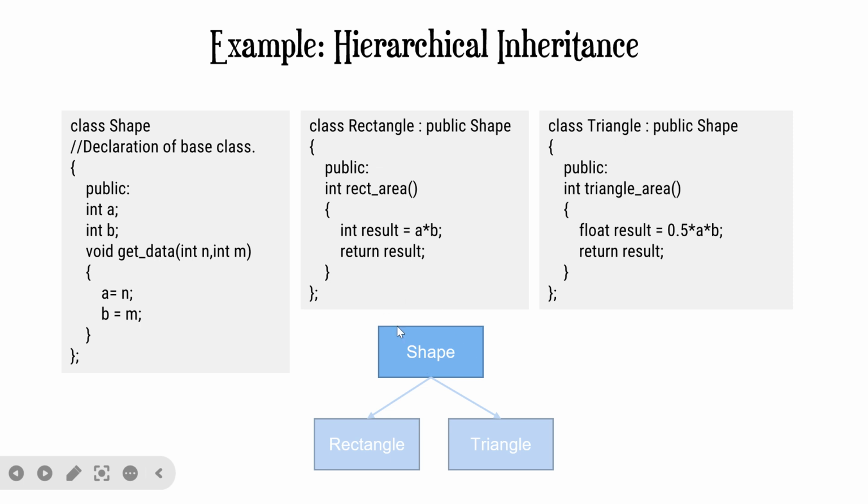Now, for which class do we have to create the object to access the base class data? For the rectangle we create an object, and for the triangle we create an object, and using both objects we can access the shape class.